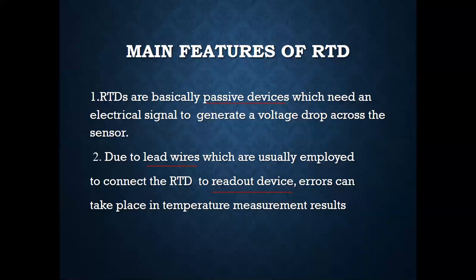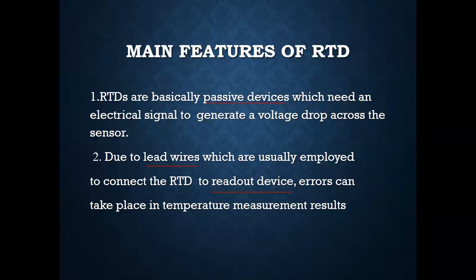Then second one, lead wires. Previously you saw what a lead wire is. Lead wire is the wire that we use for connecting the RTD and the readout device. The RTD may be in the plant, and the readout device may be in the control room. So there is a distance between the control room and the plant, and a wired connection is required.